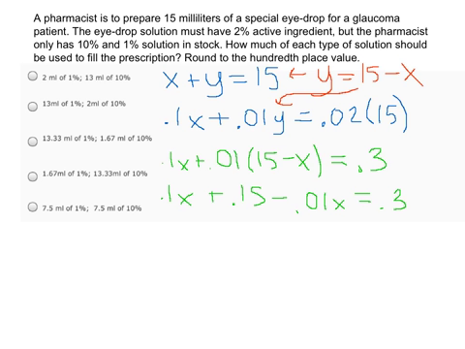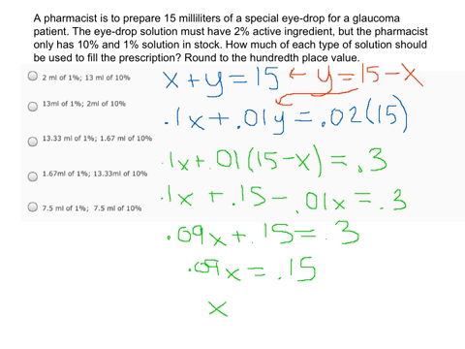So combining like terms, we get 0.09x plus 0.15 equals 0.3. So 0.09x equals 0.15, and x then equals 1.67.